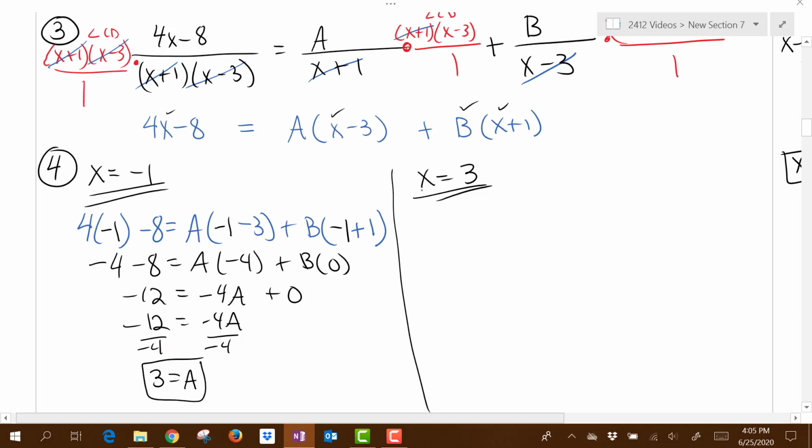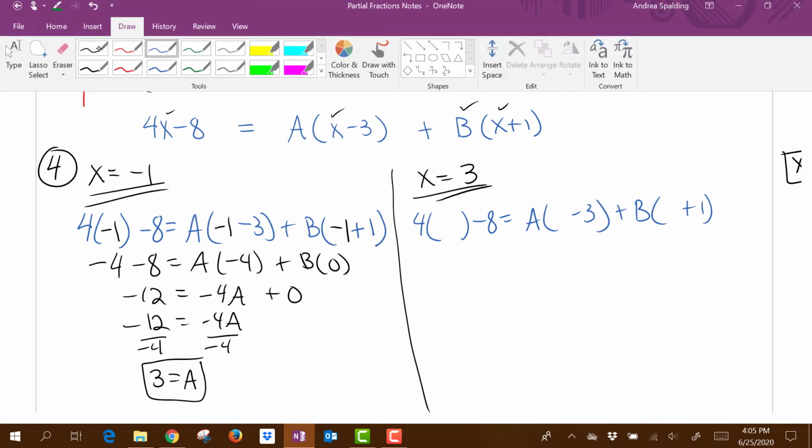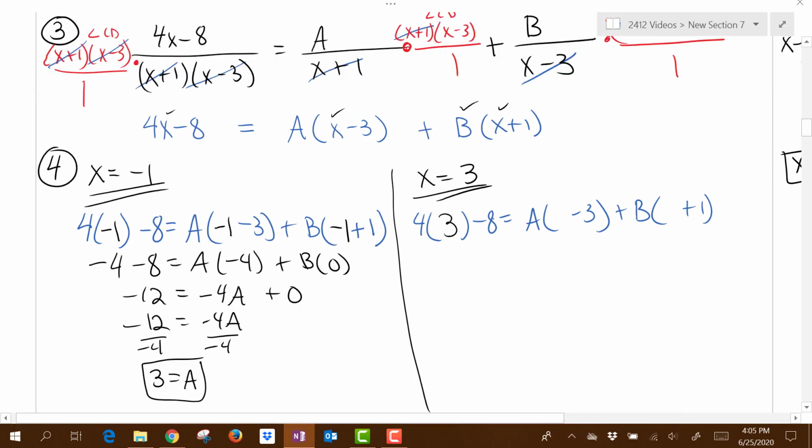All right, let's do the same thing for our convenient x value of 3. I'm going to plug in a 3 everywhere I have an x on the left side and the right side. 3 here, 3 here, 3 here. And I'm going to simplify.